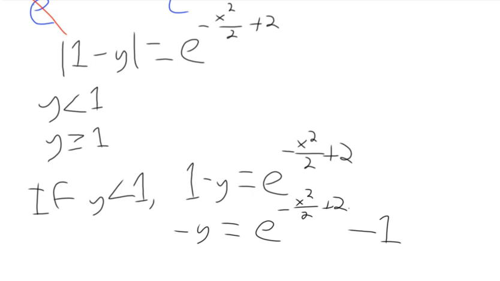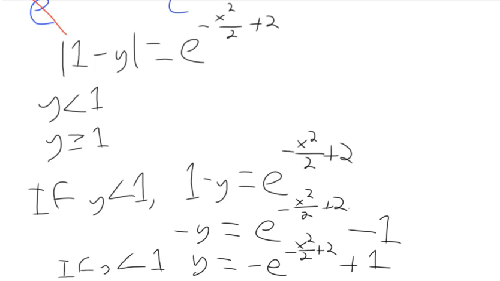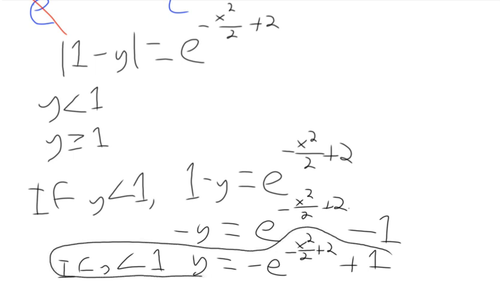And then I'll just multiply both sides by negative 1, and I'll get y equals negative e to the negative x squared over 2 plus 2, plus 1. And this is our solution for if y is less than 1. So this is part of our solution. Now I have to deal with this case.